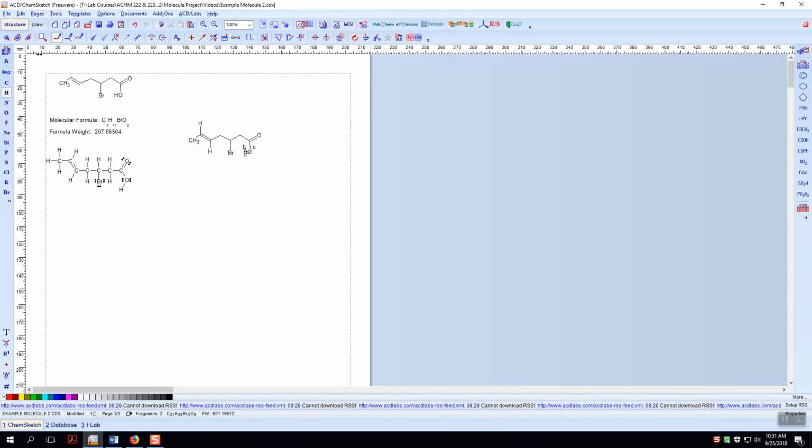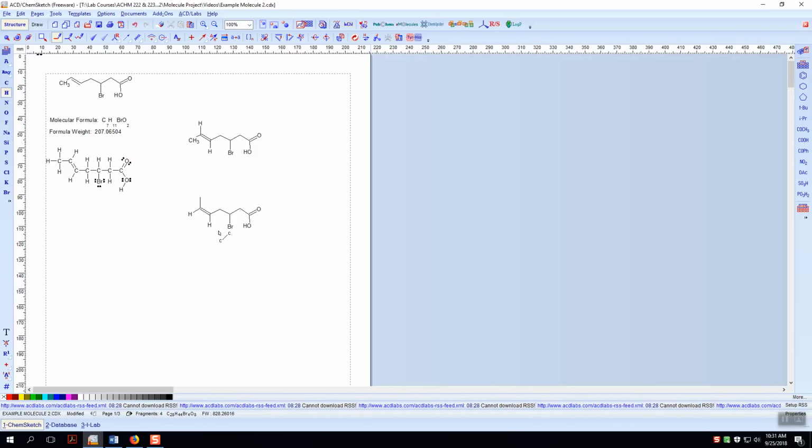So the first thing I want to do, again, is write this in the E configuration, which I've already done. And I've explicitly shown the hydrogen so that it's clear that this is in the E configuration. Now what I want to do is select this thing. To do that, I grab it, Control C, Control V, and I paste it. Now here, I want to change this to a carbon, a methyl group, and I want to change this to a hydrogen.